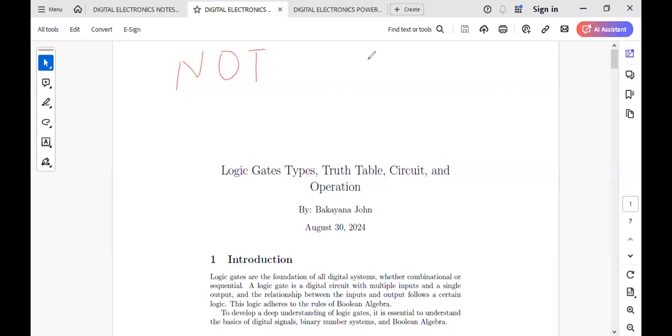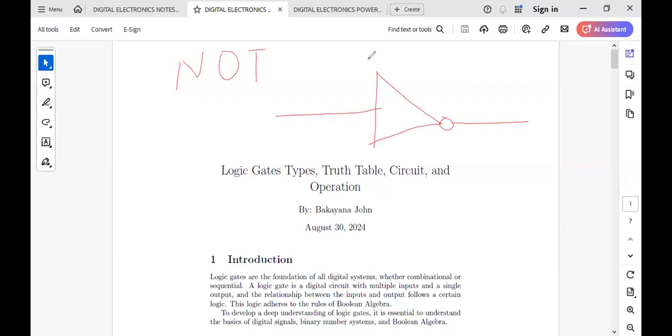One of the advantages over these physical switches is that they can switch on and off at very high frequencies. That comes with many advantages. However, even with the physical switches, we get the insight of what on and off means. Is that okay?